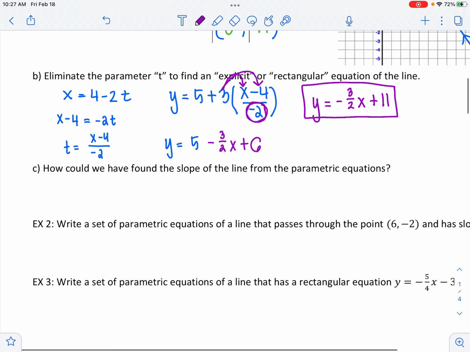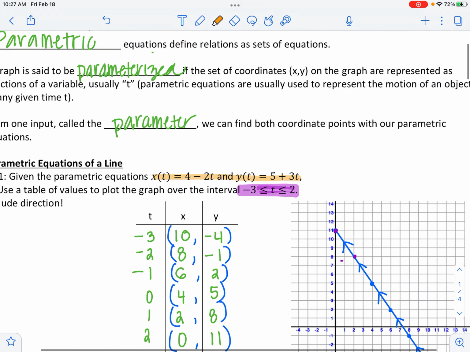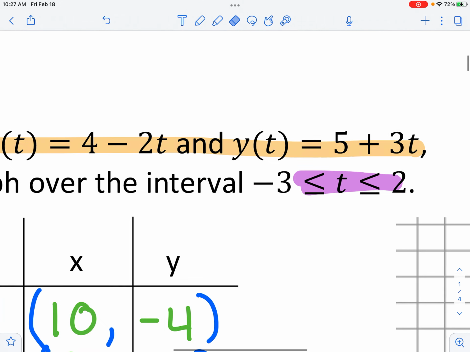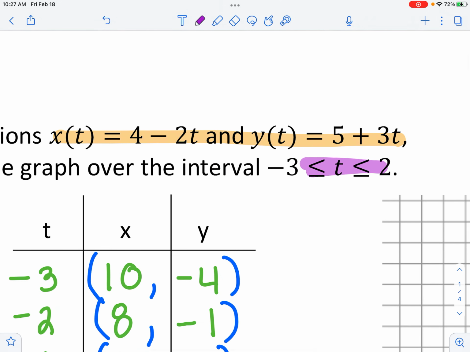So how could we have found the slope of the line from the parametric equation? How could I have found negative 3 halves using these two highlighted equations in orange here? If you look, there's a 3 right here and negative 2 right here, which gives the slope of negative 3 halves.